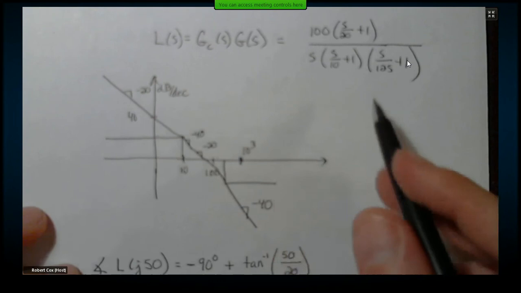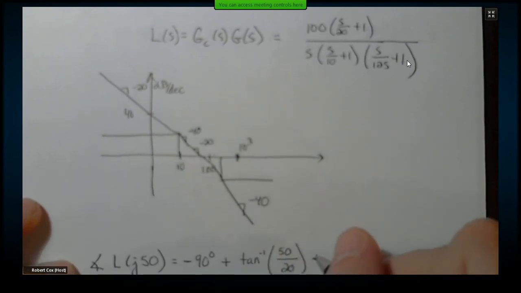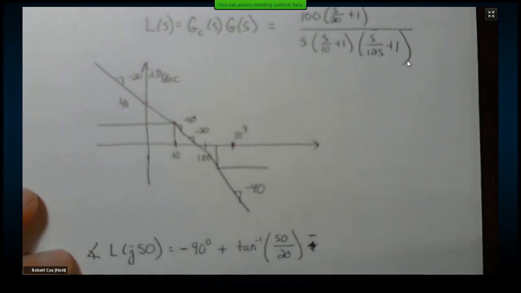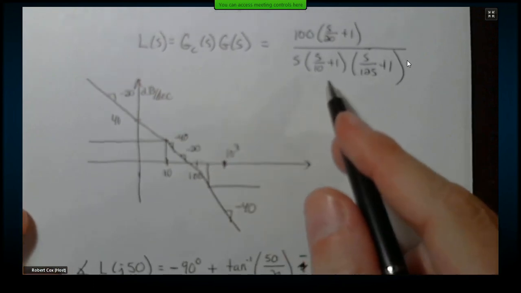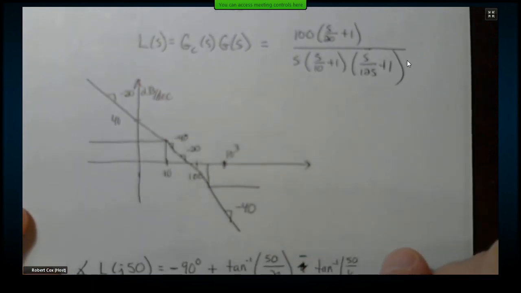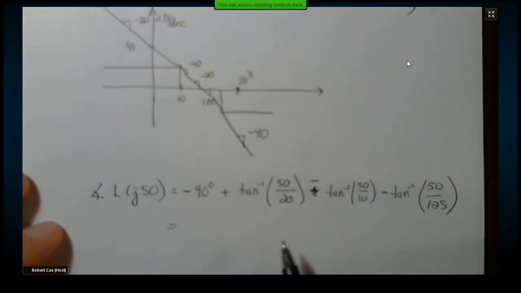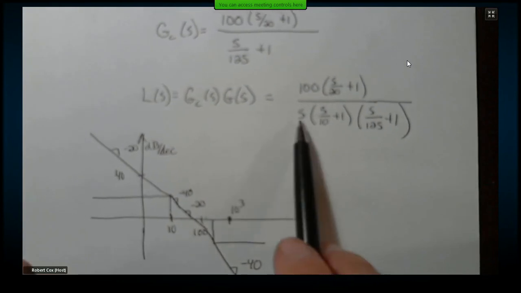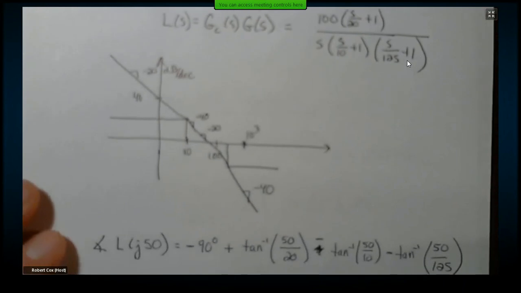This guy here, on the bottom, it's minus arctan of 50 over 10 and minus arctan of 50 over 125. So in other words, minus 90 plus the angle of this guy, minus the angle of this guy, minus the angle of this guy.